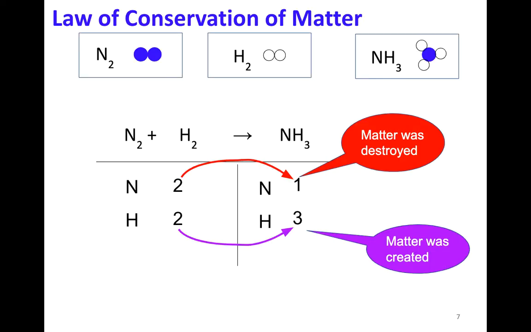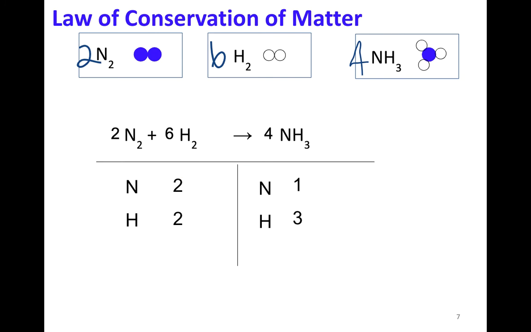So now let's look at this. We know that the law of conservation of matter is not represented here. So we look back and we had 2 N2s, we had 6 H2s, and we had 4 NH3s. So I'm going to put those in as coefficients down in the equation. Now let's recount the atoms. I have a molecule of N2, and I have 2 of them, so 2 times 2.